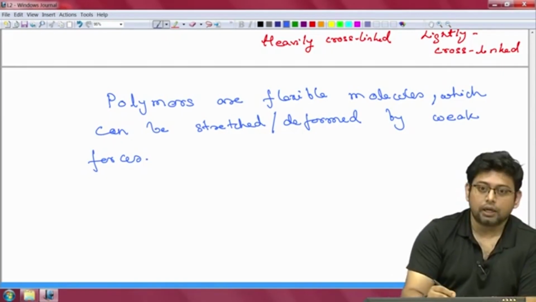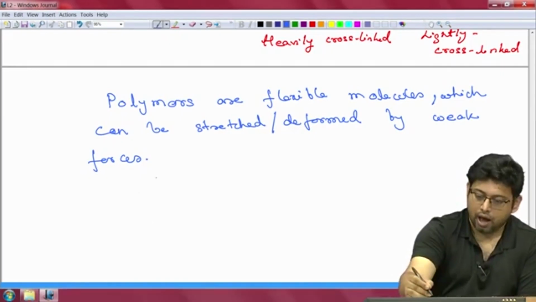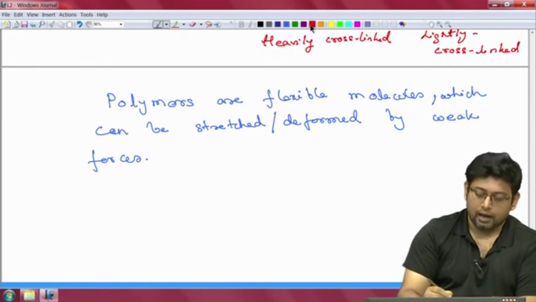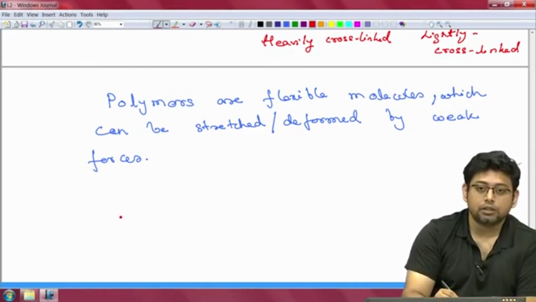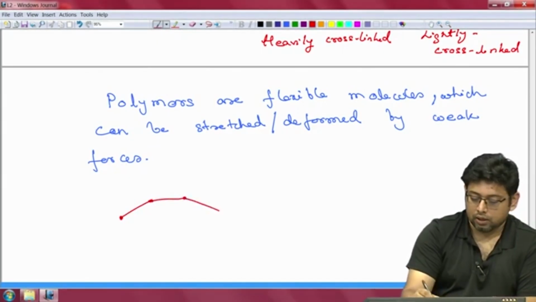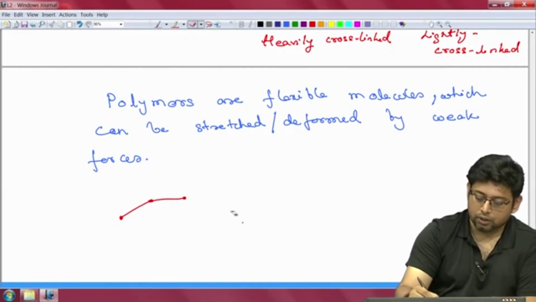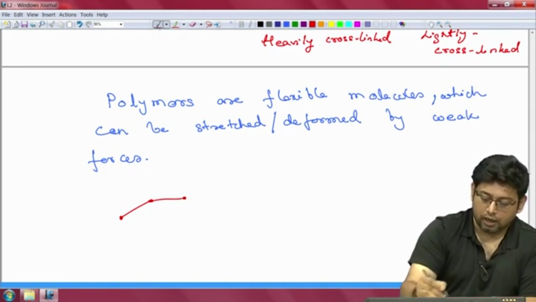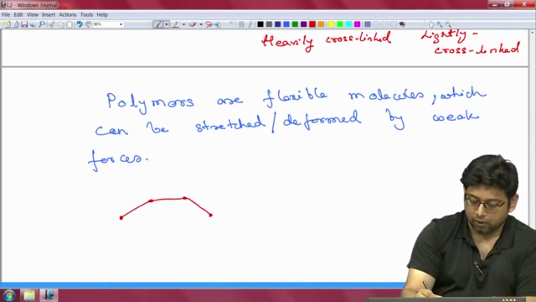So, let us consider a situation where you have a polymer molecule, and let us say it consists of n segments. Let us say this is some atom joined to another one, joined to another one, joined to another one, and let us just say these are equal segments. So, let us draw it a little bit carefully, approximately equally.